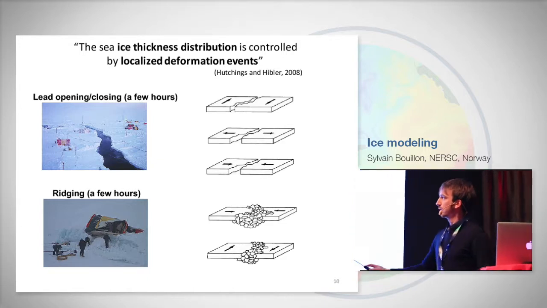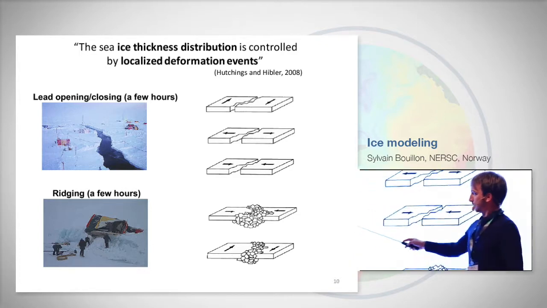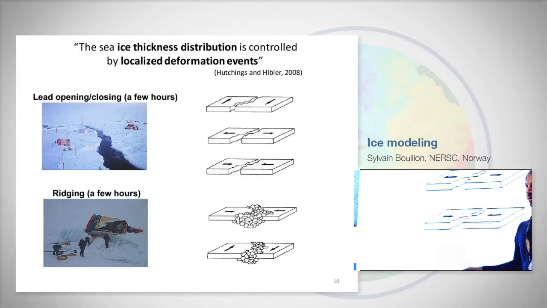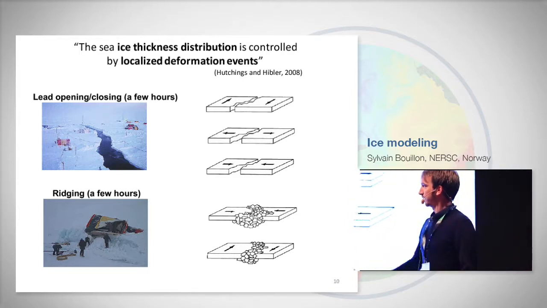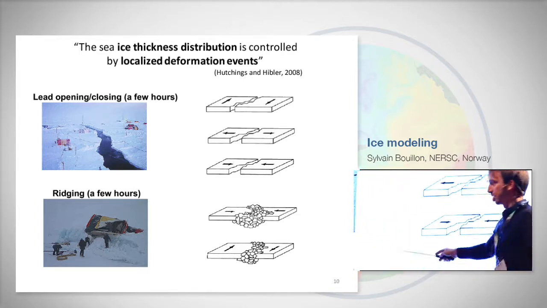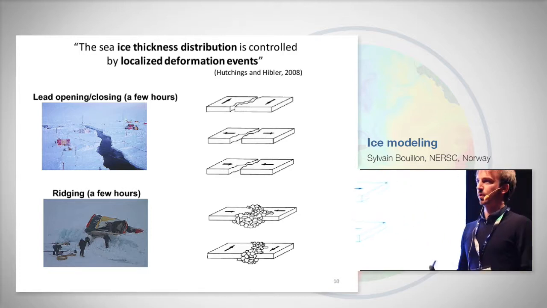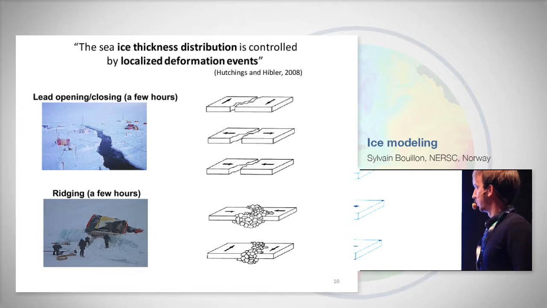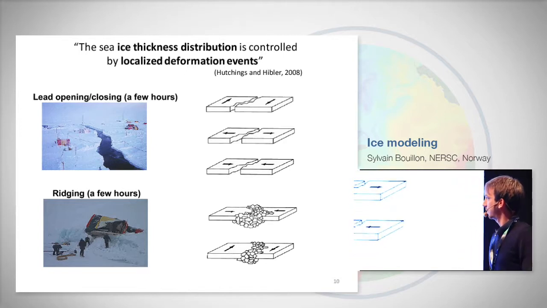So if you are in the field, again, with your camp on the sea ice, what can happen is, for example, that you have a big lead just appearing in a matter of hours in the middle of the camp. So that can be quite complicated for logistics afterwards.